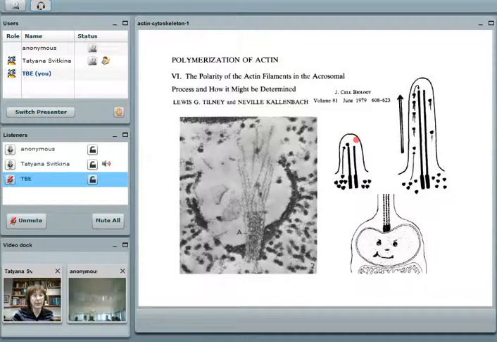So monomers should be added here. And because the reservoir of monomers is at the bottom, then the conclusion is that monomers travel all the way along the process and are added at the tip. And this is in fact a diagram from the original paper. So this is how he presented his model.